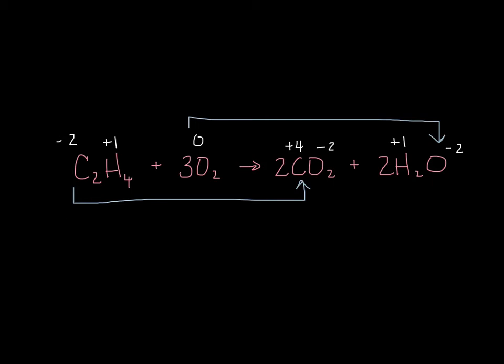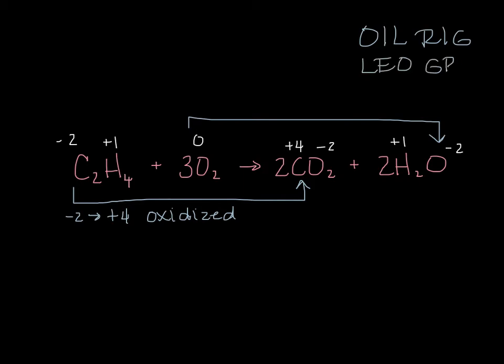So now my carbon has gone from a -2 as its oxidation number to a +4. So since my oxidation number has increased, I know that it has been oxidized. Meaning, if we recall our OIL RIG, or our LEO says GER, if it's oxidized, it is losing electrons.